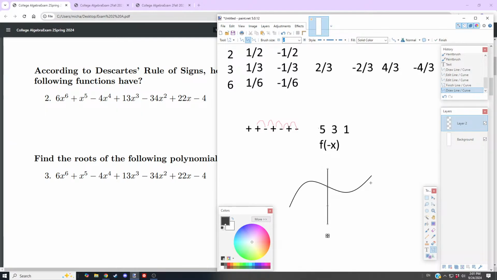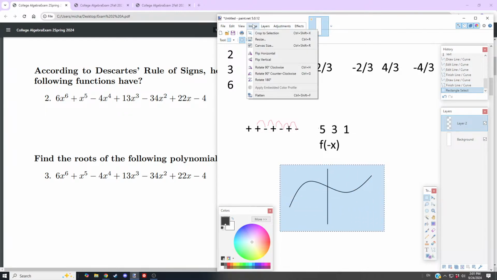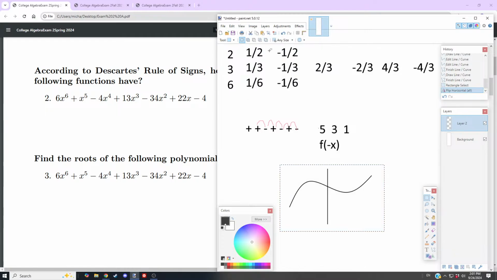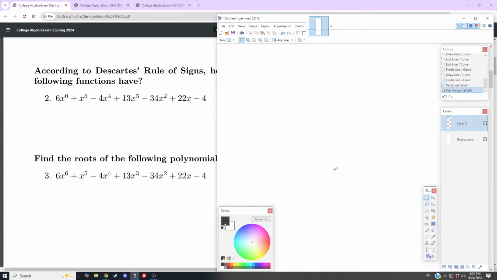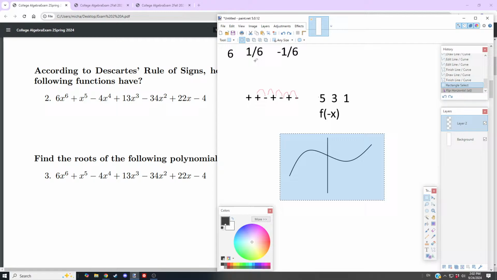Whatever our function was, we can plug negative x into it, and that will flip it horizontally. Like, that did not do what I had hoped it would.